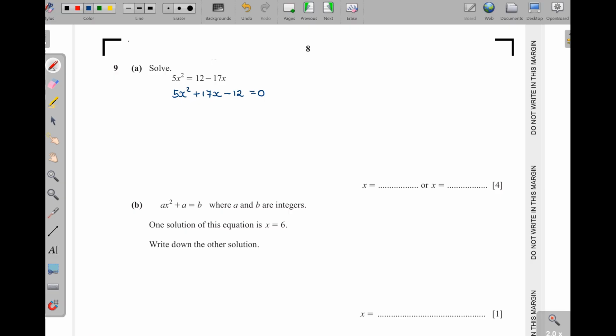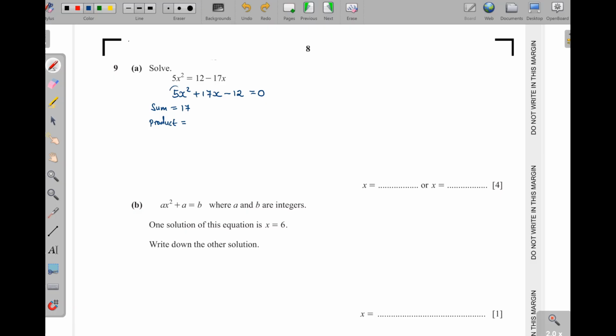x is equal to minus b plus or minus the root of b squared minus 4ac, all over 2a. We can use factorization. Let's check factorization. The sum is equal to the middle number here, which is 17. Then the product. So we are supposed to look for two numbers whose product is this 5 times negative 12.